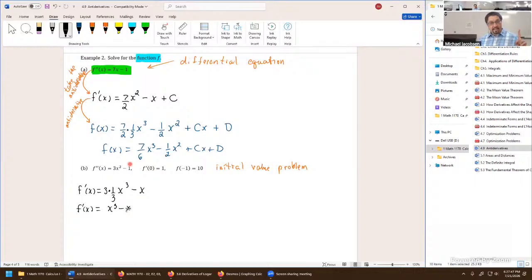You know, I did forget one thing. Don't forget to do this one thing. When you find an antiderivative, you need the constant of integration. I totally forgot it here, so let me put it in. Plus c. So there's f prime at x. And now we have f prime at 0 equals 1.